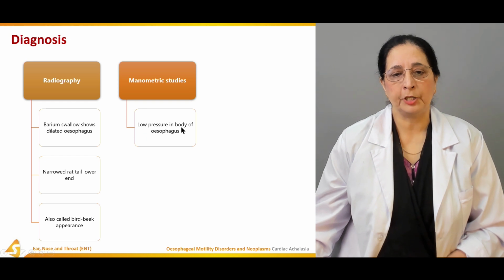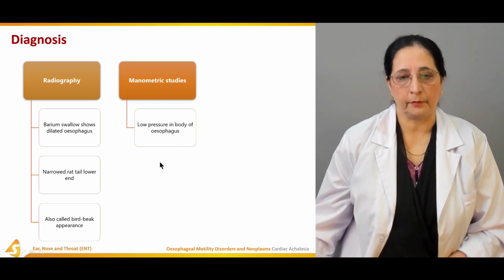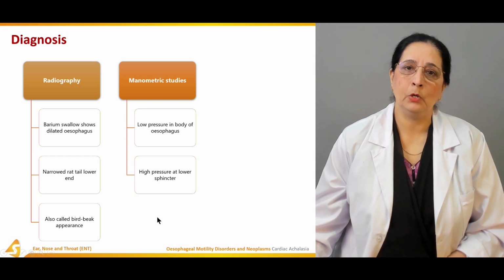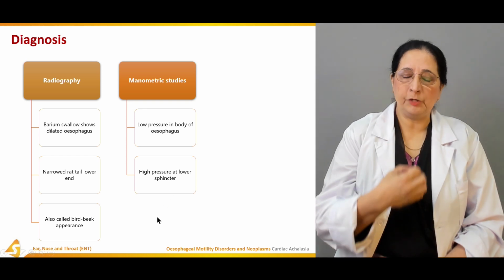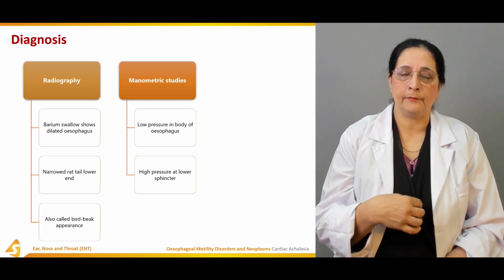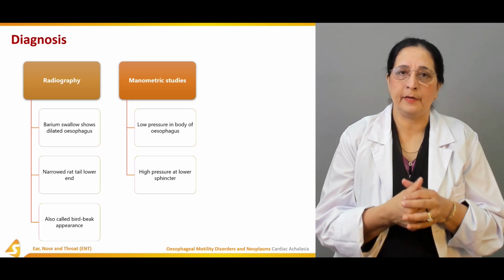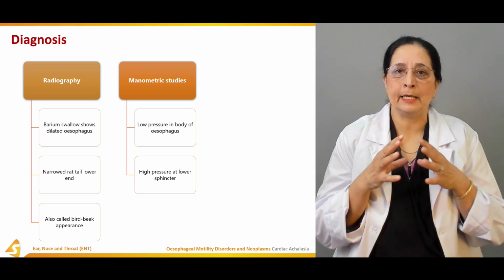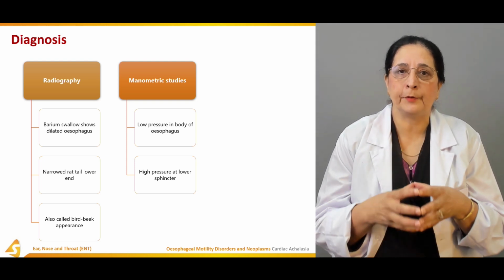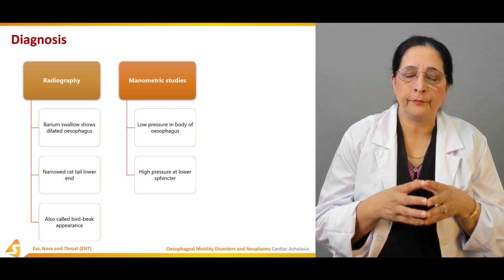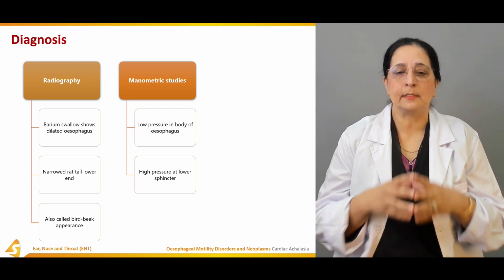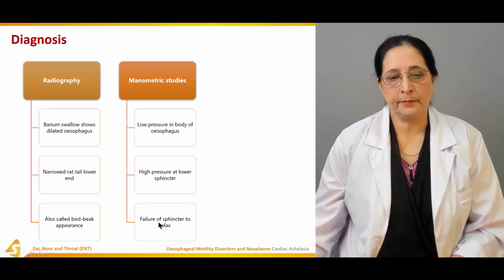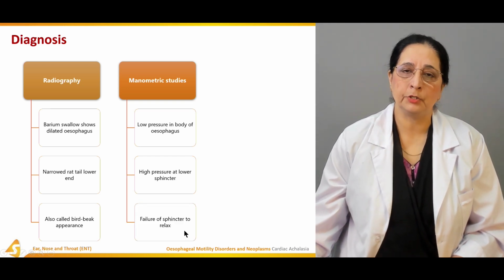So low pressure in the body of the esophagus, and high pressure at the lower sphincter. Food is entering the lower part of the esophagus but the sphincter is not relaxing. It keeps on accumulating, and the pressure at the level of the lower esophageal sphincter is high. Then there is failure of the sphincter to relax.